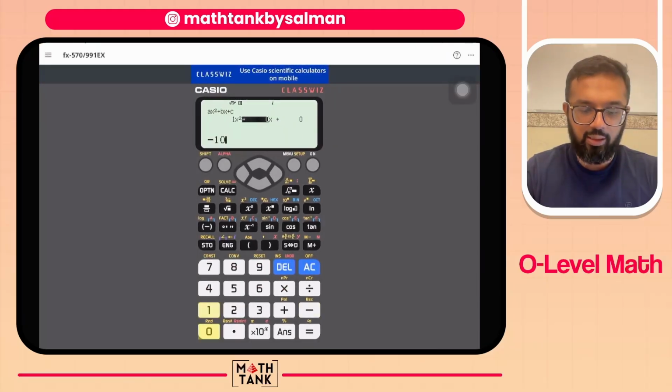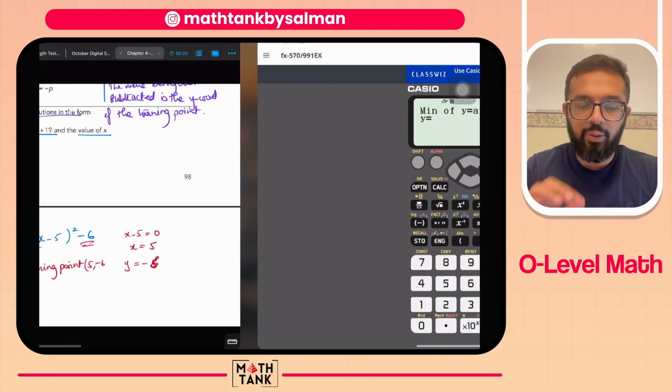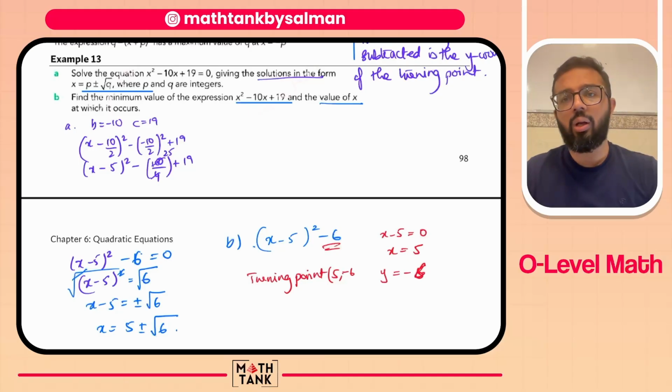It gives you the first answer. It gives you the second answer. Those are the answers for part 1. For part 2, it's telling you the minimum value. So 5 comma minus 6. That is what the completed square form does for you. And that's the easy way of solving this question or verifying your answer if it's on a paper 2 question.